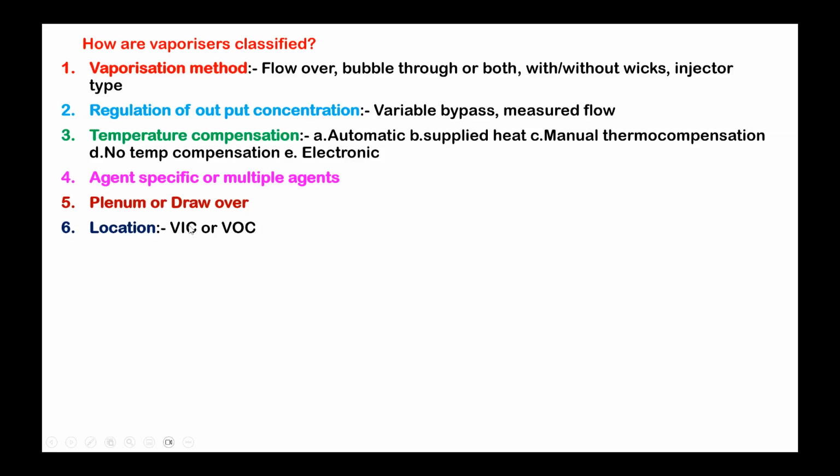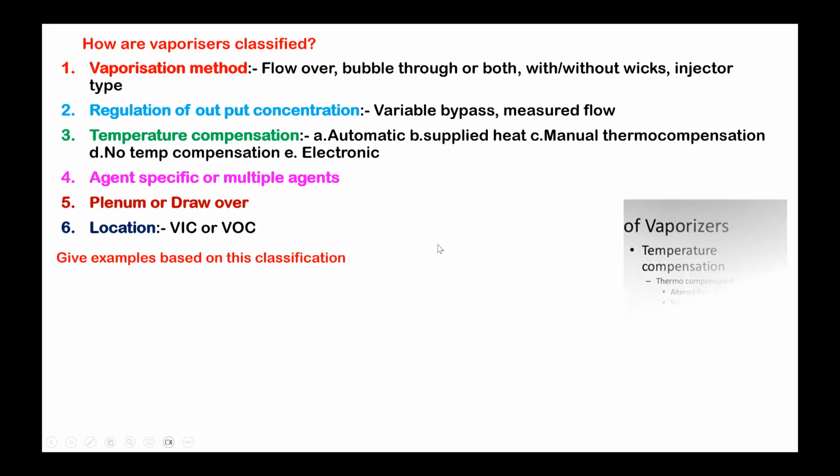We don't use it anymore nowadays, and so all our vaporizers are outside the breathing circuit. So vaporizer outside the circuit is fixed. So these are all the 6 categories which have to be included if you want to describe a vaporizer. So give examples based on this classification.